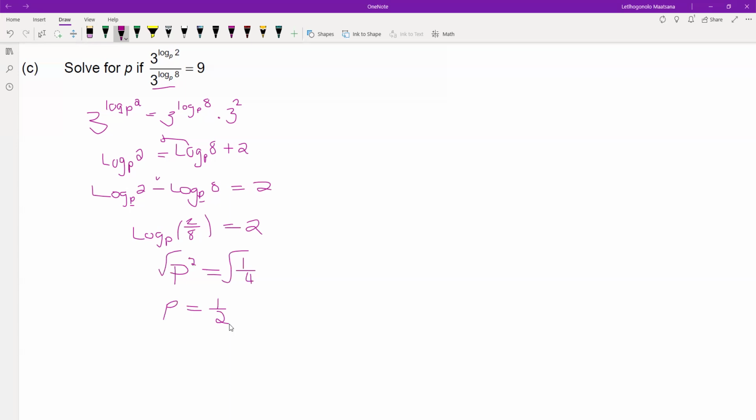Okay, so now let's look into what they did in the alternative method. They said, okay, using the exponent rules, we understand that if two of the same bases are dividing each other, then we just need to subtract the exponents. So here you would get 3 to the power of log base P of 2 minus log base P of 8.